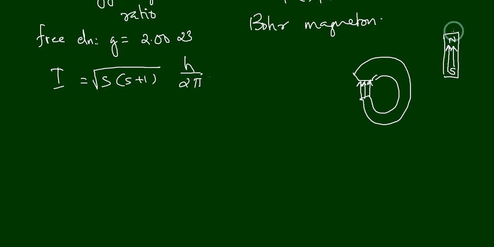When it emerges out of the magnet, it will come like this. Outside the magnet, the direction will be from up to down, but inside the magnet, it will be from down to up. So the convention is that inside the magnet, the lines of force are from south to north.